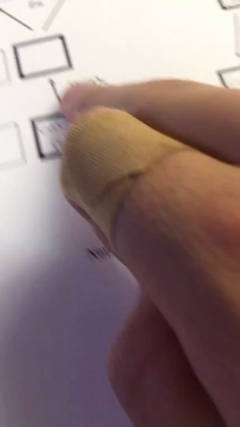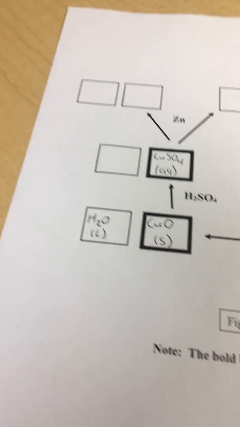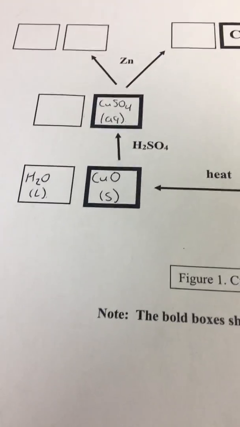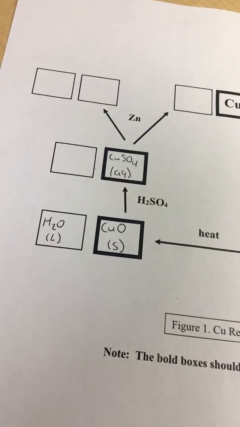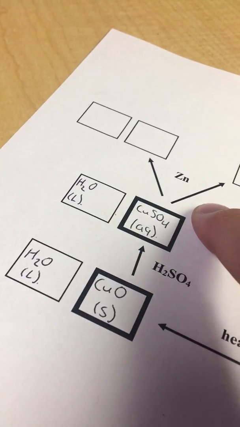So this box right here would be CuSO4, and that's aqueous. Okay, and then, with water still being present, this would still be H2O liquid. Okay, so now that we have that, we have to add the zinc into it.